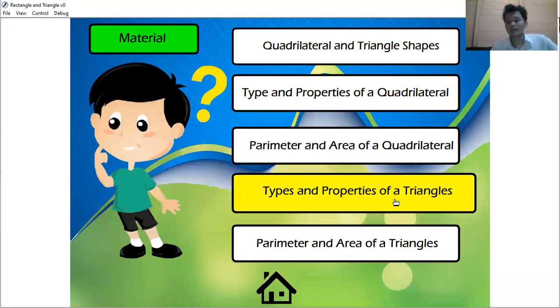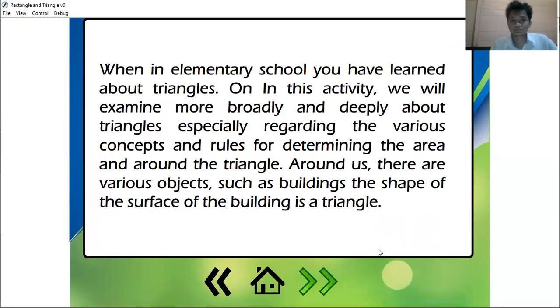Next is the perimeter and the area of a triangle. When in elementary school, you have learned about triangles. In this activity, we will examine more broadly and deeply about triangles, regarding various concepts and rules for determining the area and perimeter of a triangle. Around us, there are various objects such as buildings. The shape of the surface of the building is a triangle.